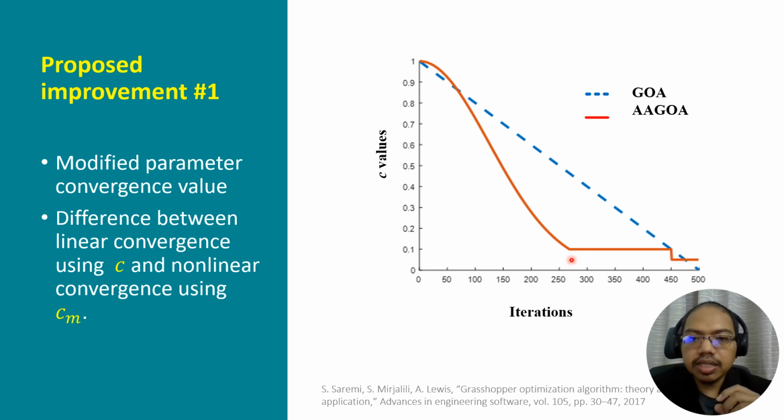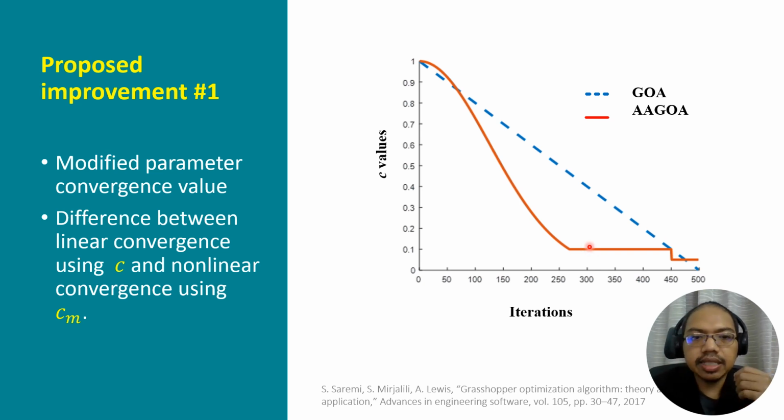So that's why we can just straightly produce a smaller C value so that it can focus, refine, and retune to get a better solution at the end of the iteration. So this is the main reason why we propose to have a nonlinear C value.